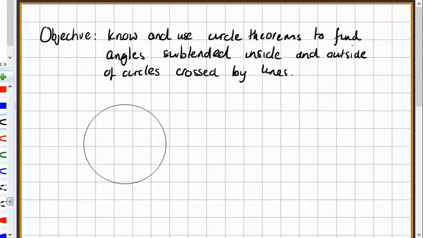Okay. So what we're going to do is we're just going to go through the angle theorems that you need to know. So you are going to be drawing circles. So are you okay with drawing your circles? You've got something to draw circles with?